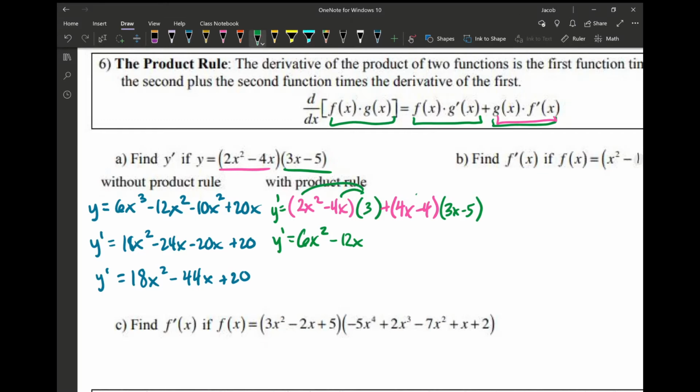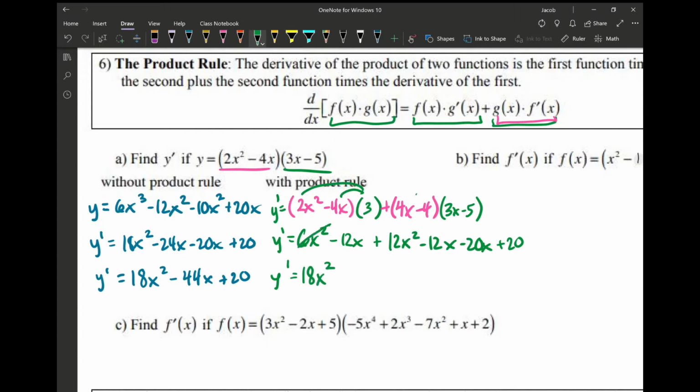And so we got to do plus 12x squared minus 12x minus 20x plus 20. And it looks like we should end up with the same answer if we can add this correctly and combine like terms.